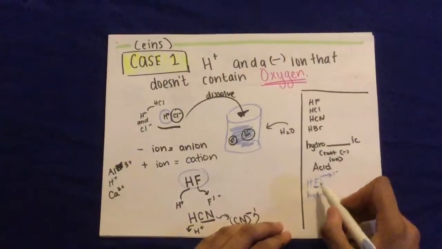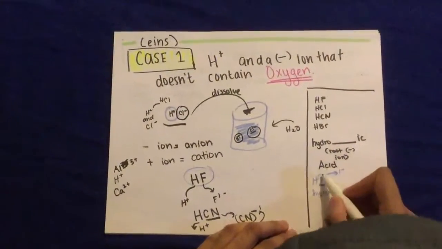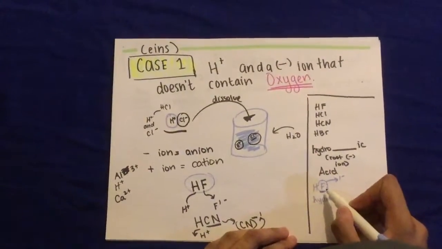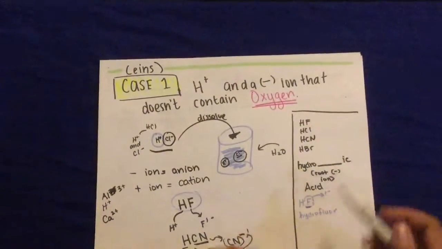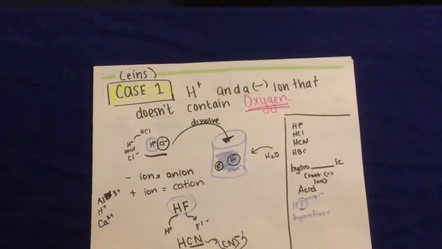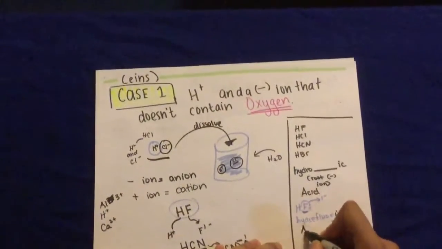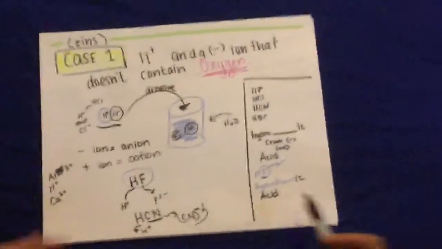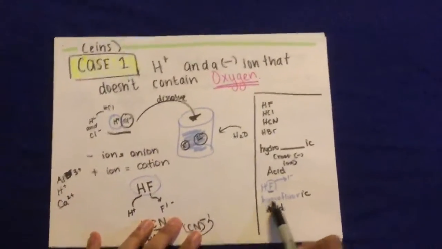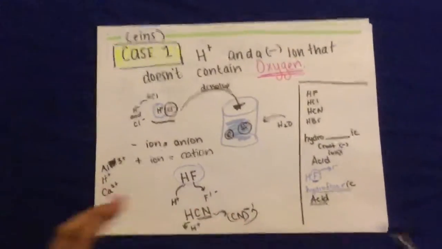So we have to state the root of the negative ion, which the root of fluorine is fluor, and then we just write ic at the end. And then acid, because you have to specify it's an acid. So HF would be hydrofluoric acid.